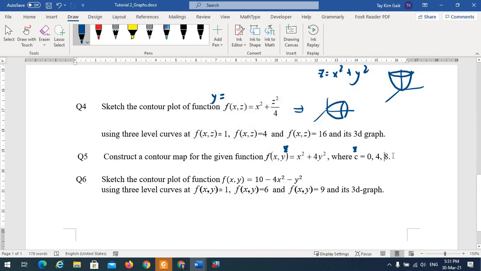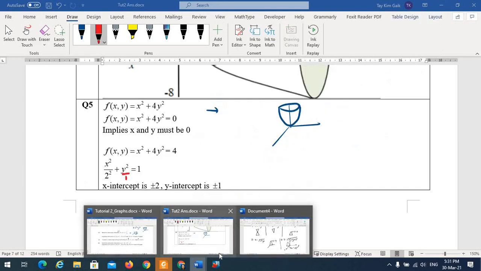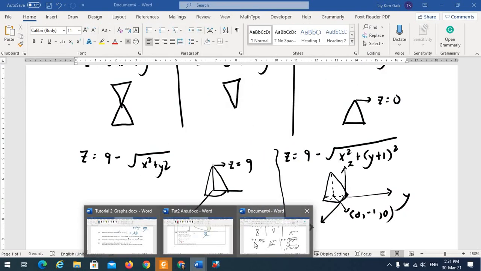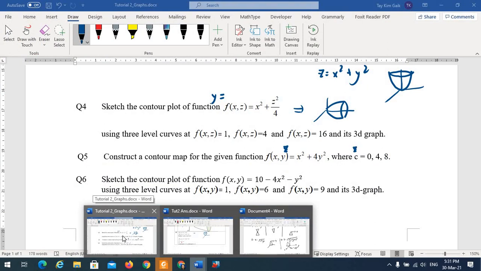Okay, I changed it to 16. So 16 is easier to calculate. If I put 8, I change to 16 and you get a nice ellipse. If you put 8 it also can work, just that the intercept is not an integer number.